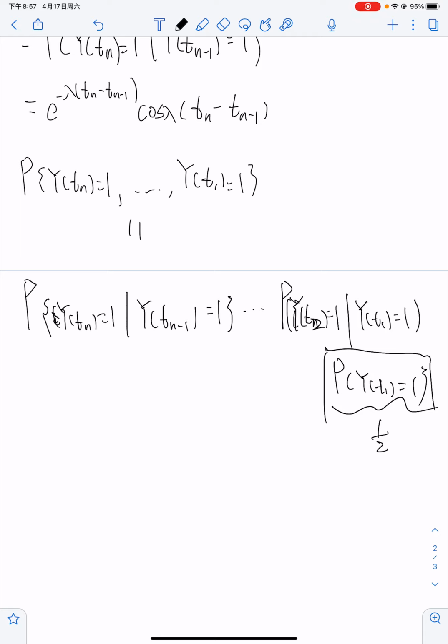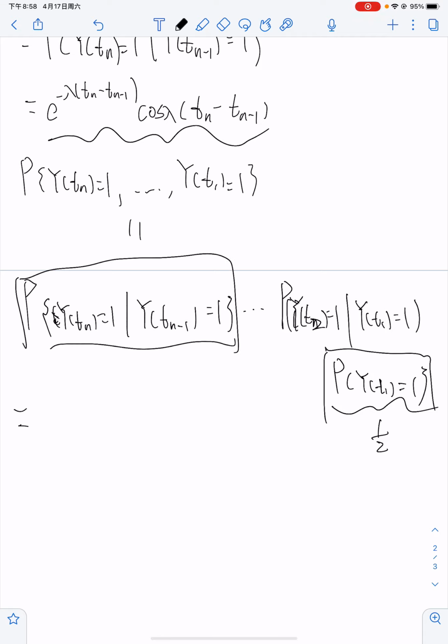From the result we get above, we can present every atom in this formula.